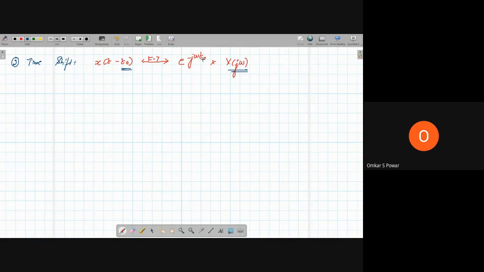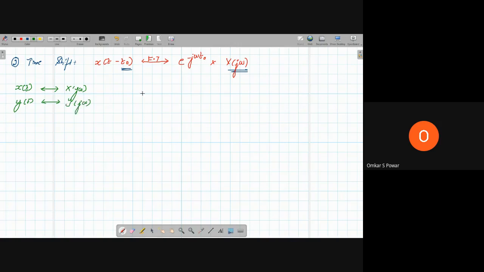Again the same thing here. So x of t Fourier transform is X of j omega, and y of t Fourier transform is Y of j omega.